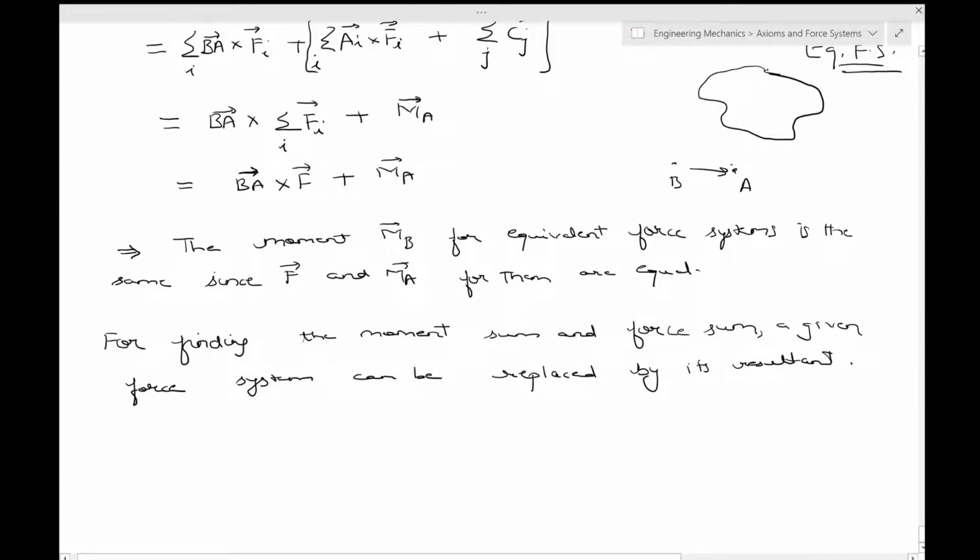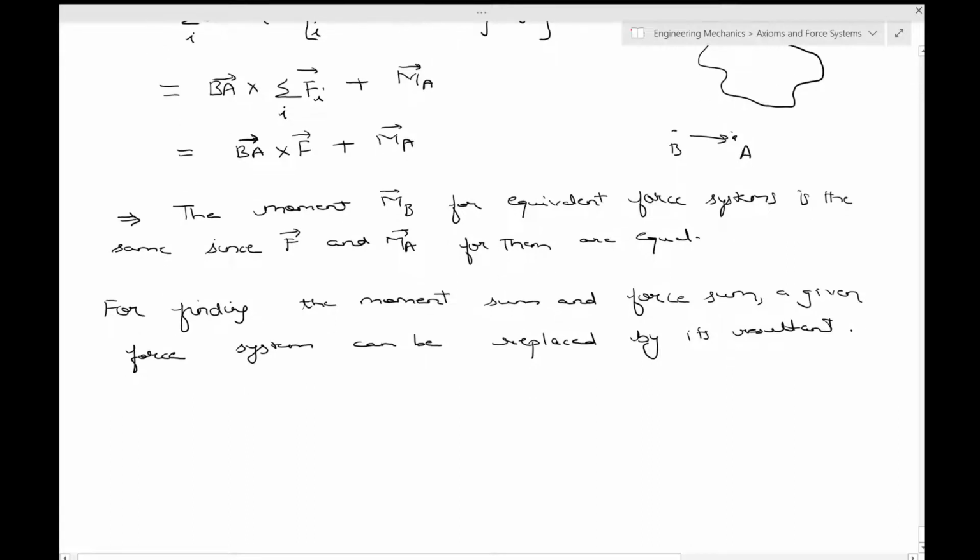We will see an example of it more. Eventually, this moment sum and force sum is required in the use of Euler's axioms. So that's where you replace a given force system by its resultant force system.